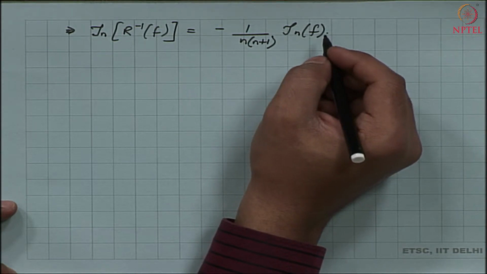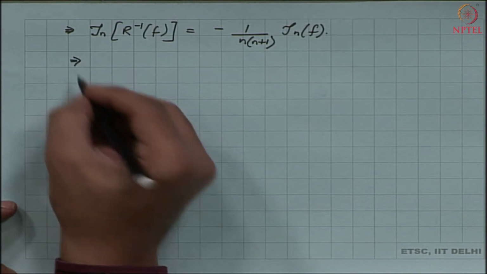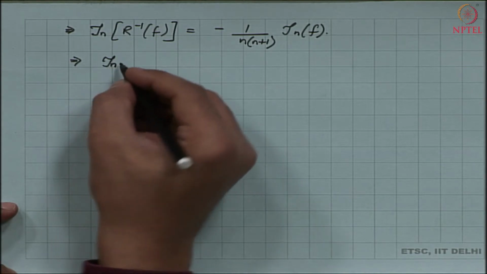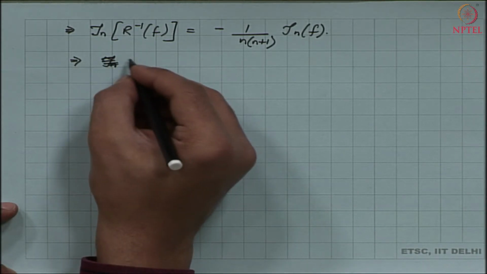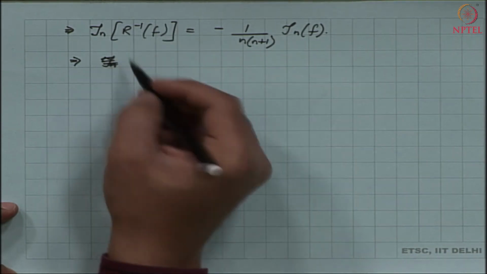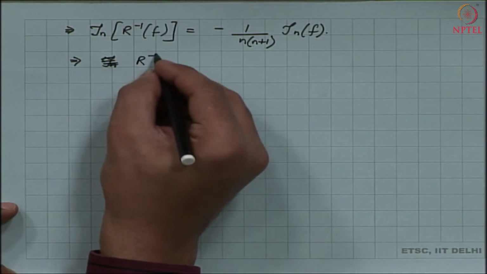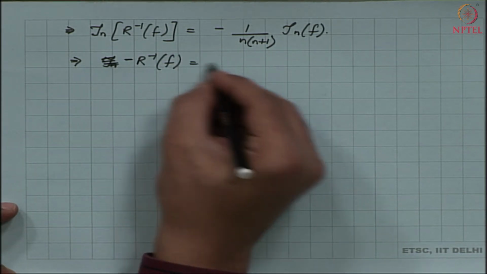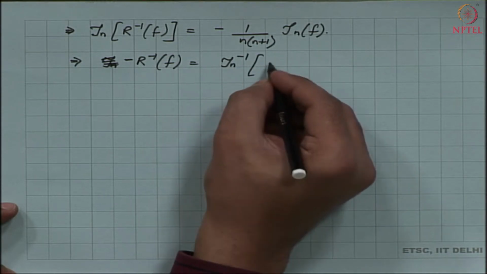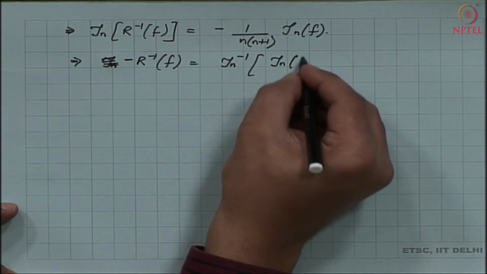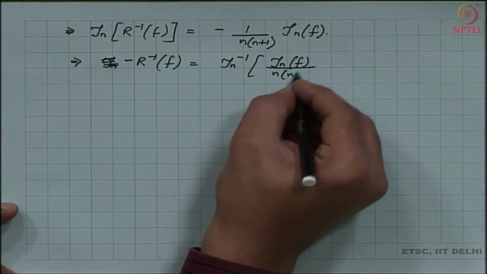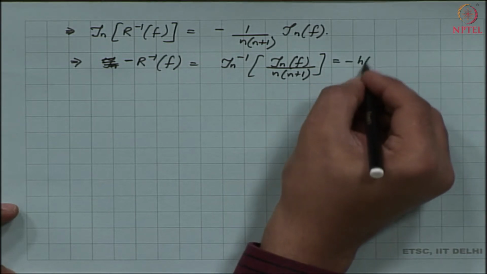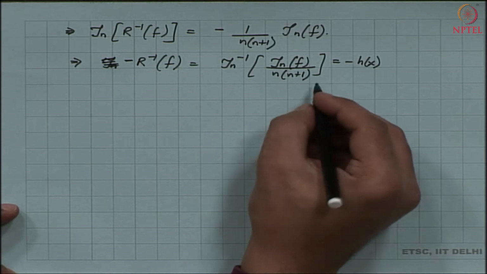Then I take the inverse in this expression. I get that negative R inverse f, which is the inverse Legendre transform of the Legendre transform of f divided by n into n plus 1, is given by negative h of x, which is nothing but our expression.